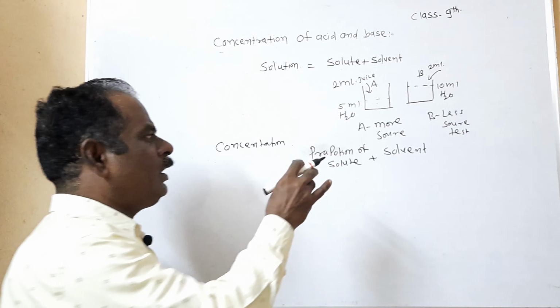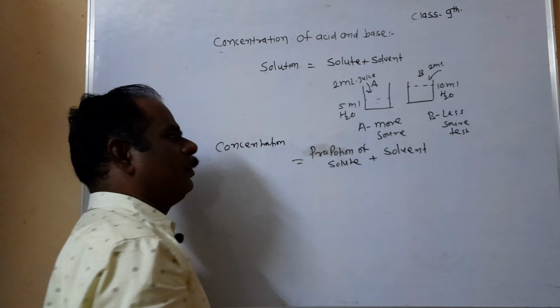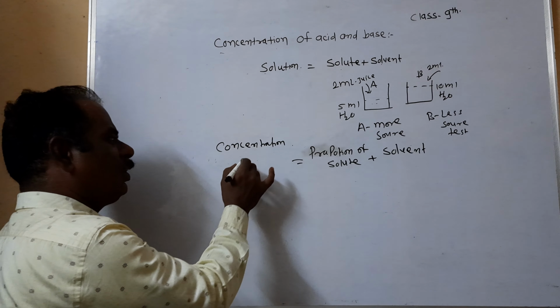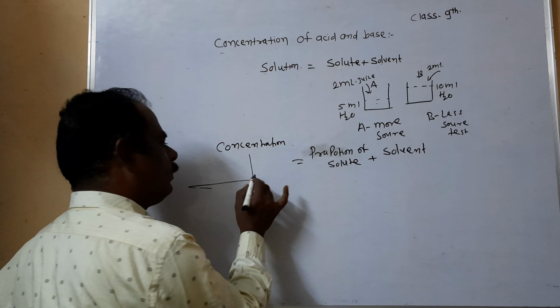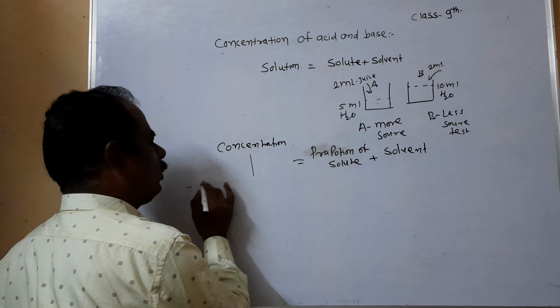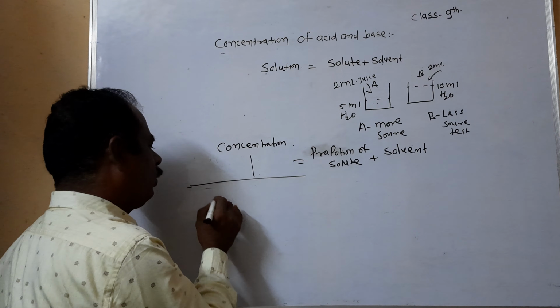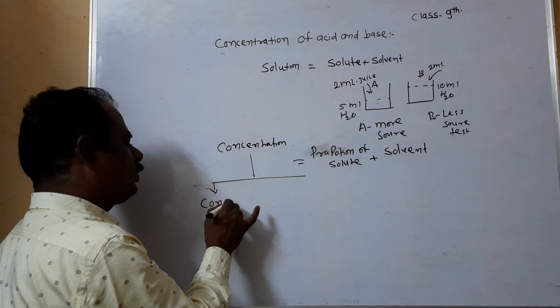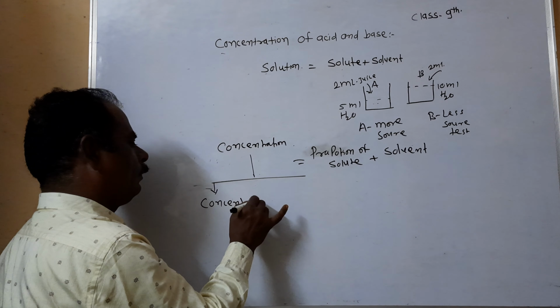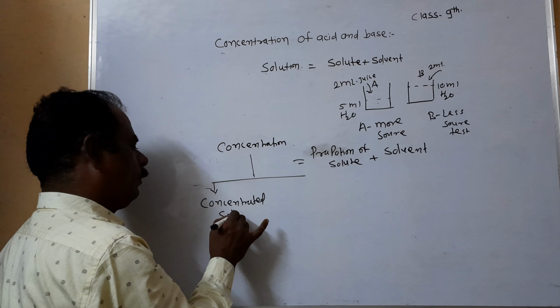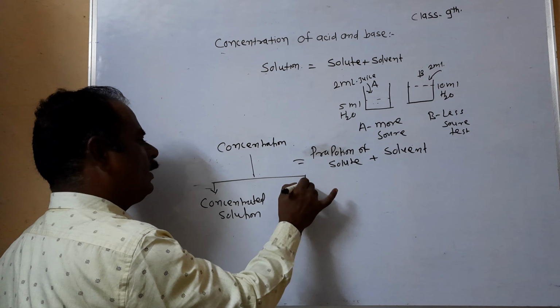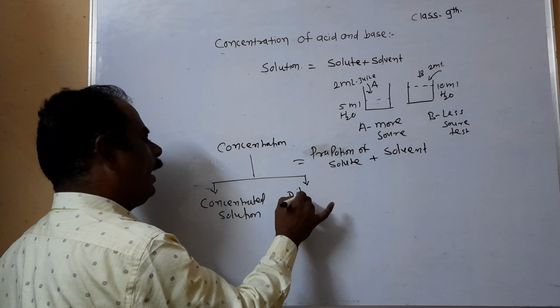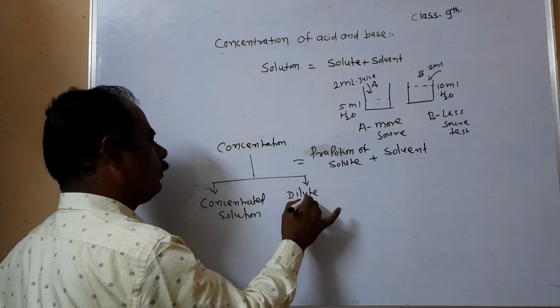On the basis of the proportion, the concentration of solution is divided into two types. First is the concentrated solution and second is the dilute solution.